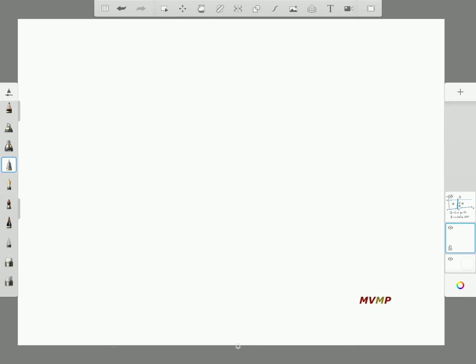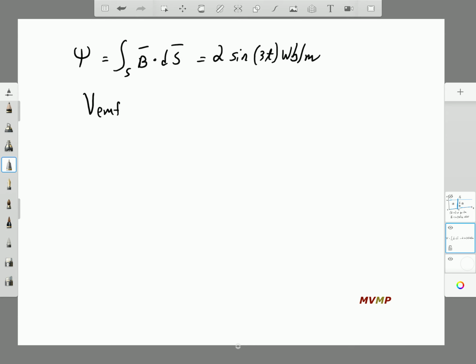So first we solve for this when the rod is stationary. How we are going to go about this is, we know that the flux equals the integral over the surface of B times ds, which is just 2 sine 3t Webers per meter. We know Faraday's law will come in handy, the negative derivative of the flux with respect to time.